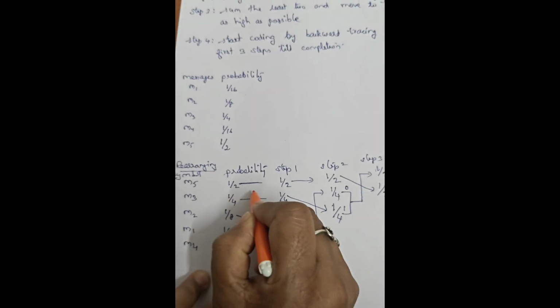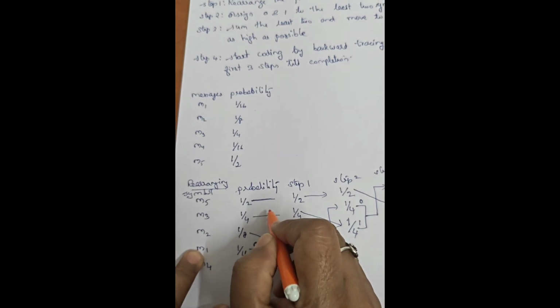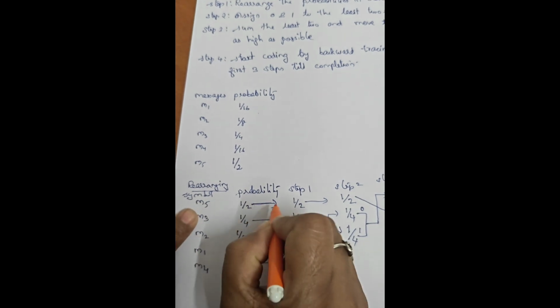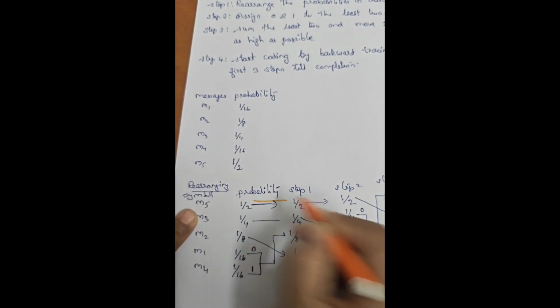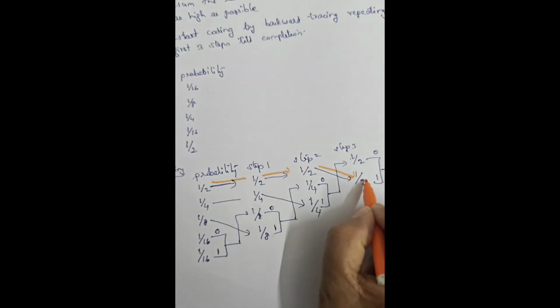Let us see how we are coding it. Coding is done by backward tracing. First trace it forward and write the codes in the backward direction. For M5, let us trace where it goes. It moves here, then towards this.